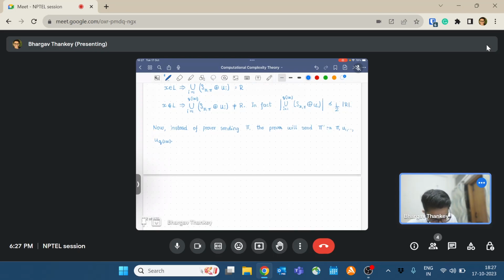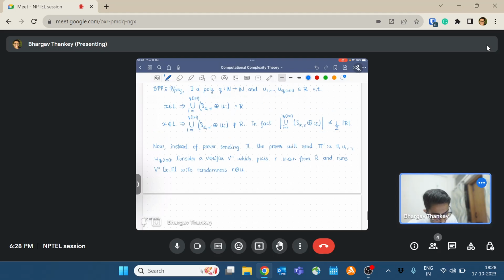So consider the verifier which picks R uniformly at random from the set of random strings, and runs P double prime on x comma pi, extracting pi from pi prime, with randomness R XOR ui. Oh, I forgot to define this.